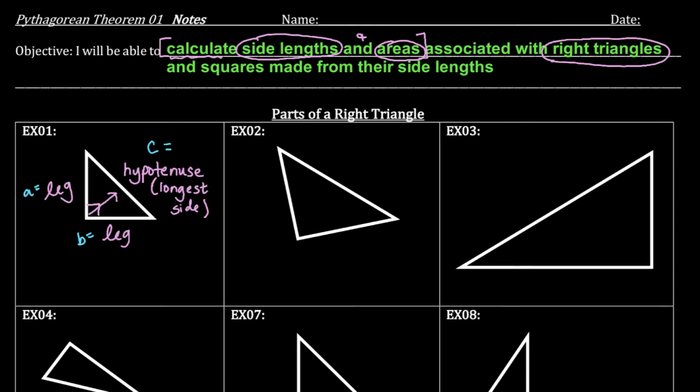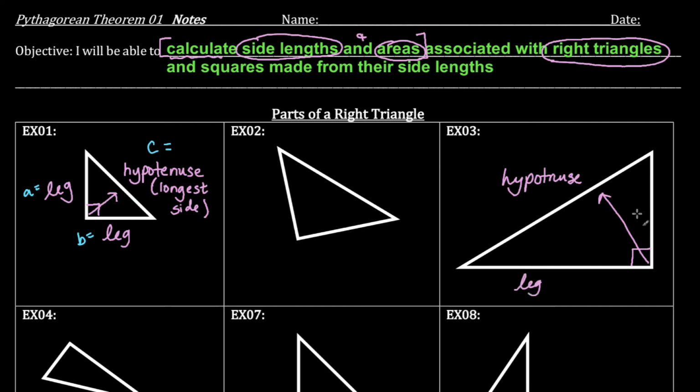So even on this one over here, we start with our right angle, our 90-degree angle. Directly opposite of it is our hypotenuse. And then we have our two legs.